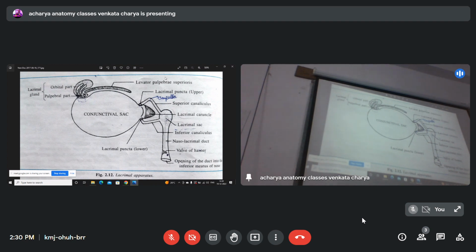There is a small depressed area called the lacrimal fossa. Are you getting? So it is present towards the lateral side, not the medial side.